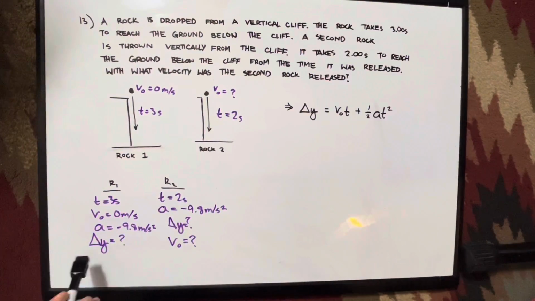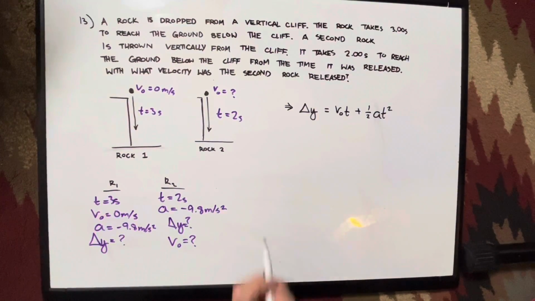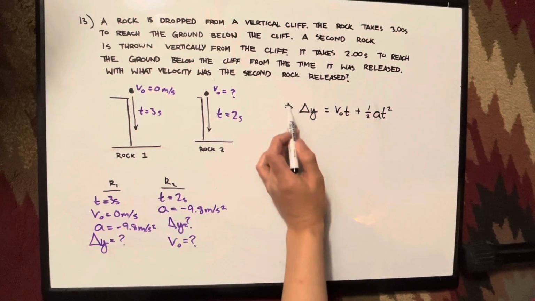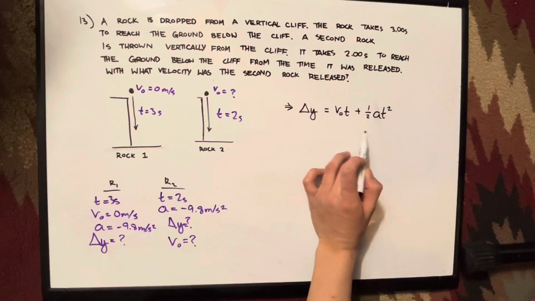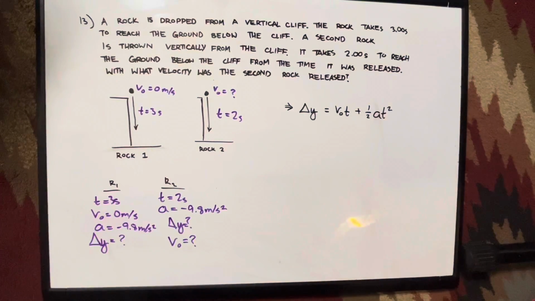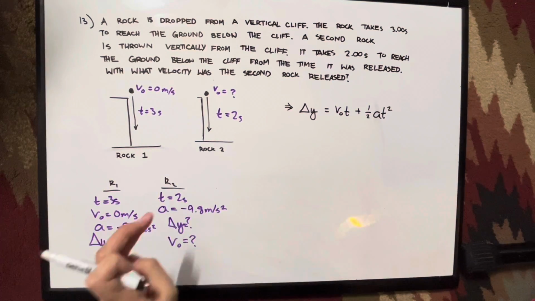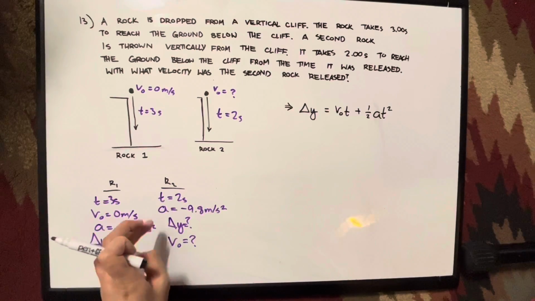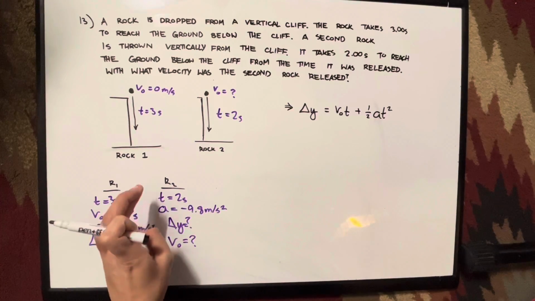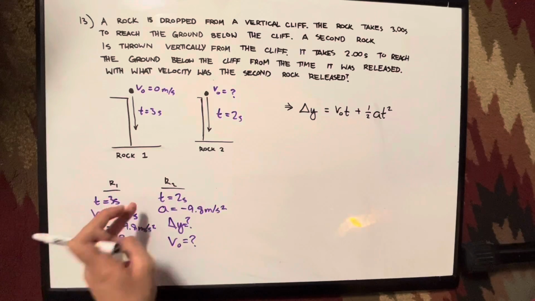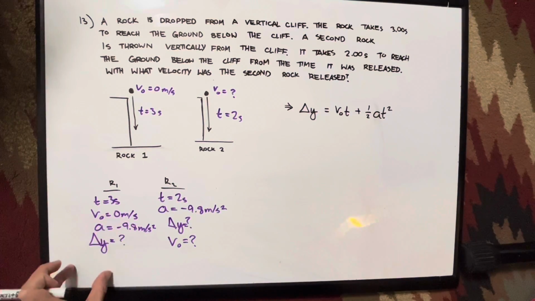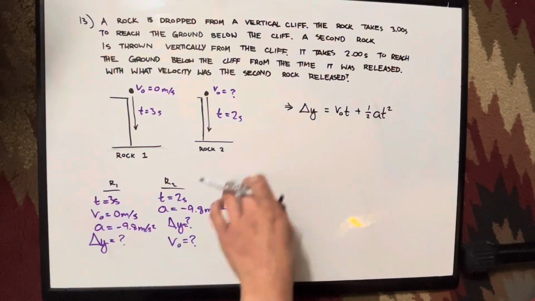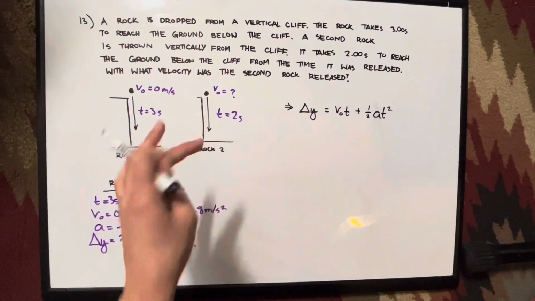To solve for our change in y, we can use the formula change in y is equal to the velocity times time plus 1/2 of acceleration times time squared. And since we only have 2 values that we know for our second rock, we were not able to plug this in, but we can do that for our first rock because their change in y would both be the same since they are thrown off the same cliff.